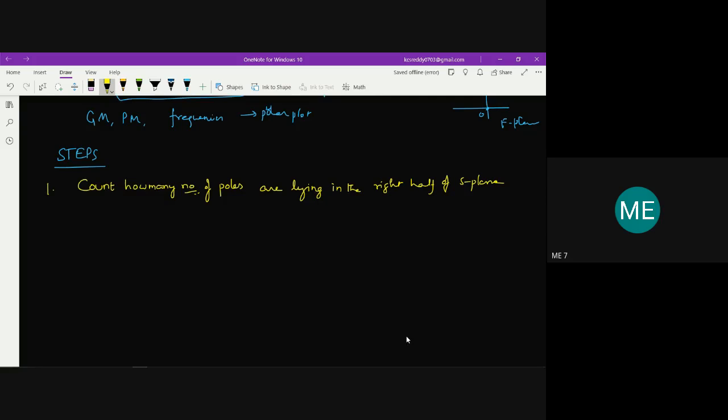That is nothing but finding the P value. P is how much?